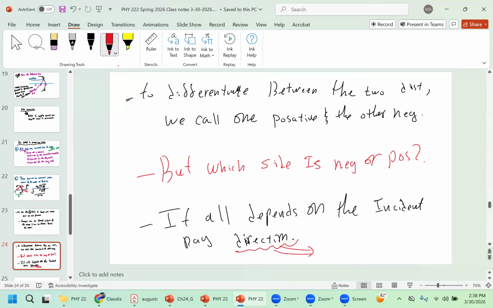It means it's always positive on the same direction as the incident ray.